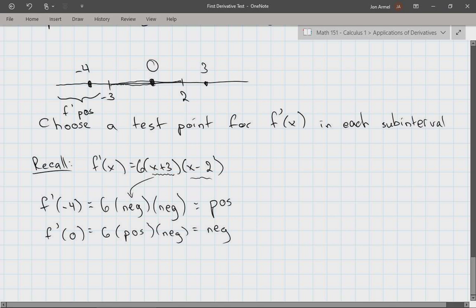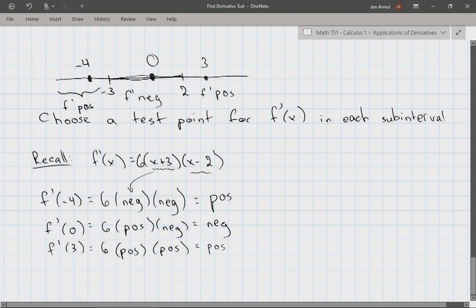Which means that in here, f prime is negative. And then finally, we'll look on the right, so we'll do f prime of 3. We get 6 times, let's see, 3 plus 3 is positive. 3 minus 2 is positive. Positive times positive is positive. So over here, f prime is positive.